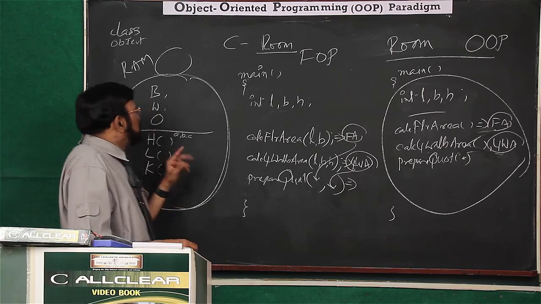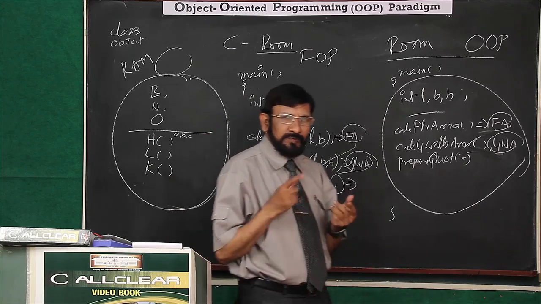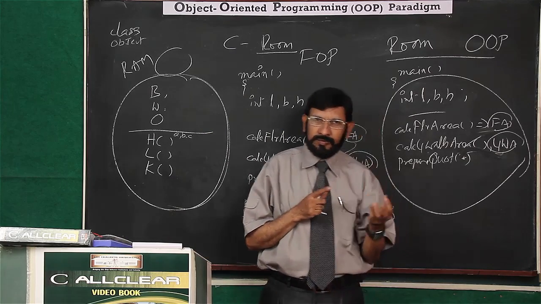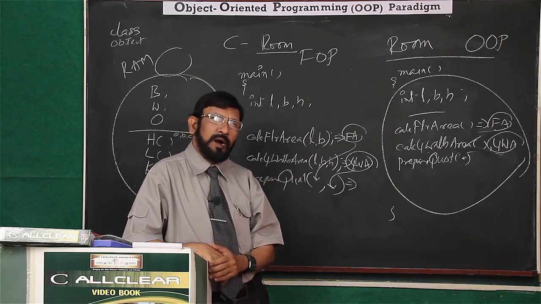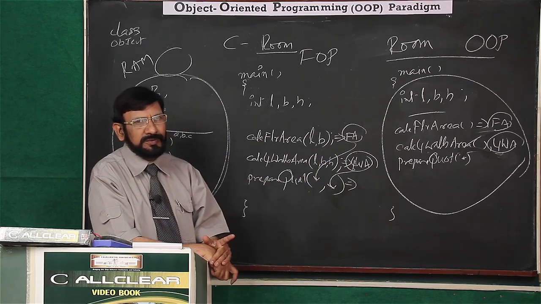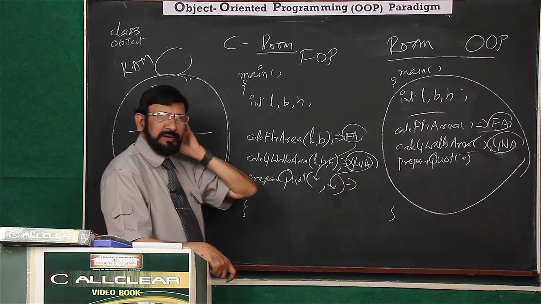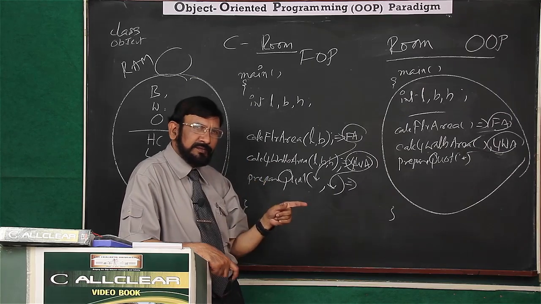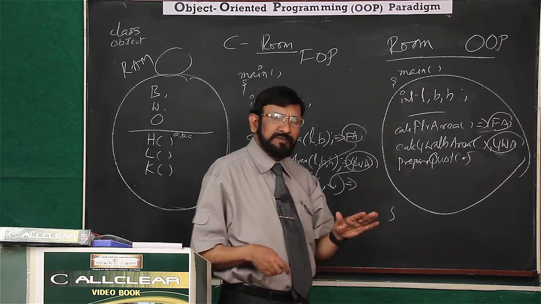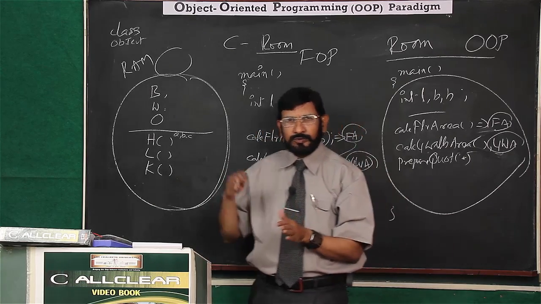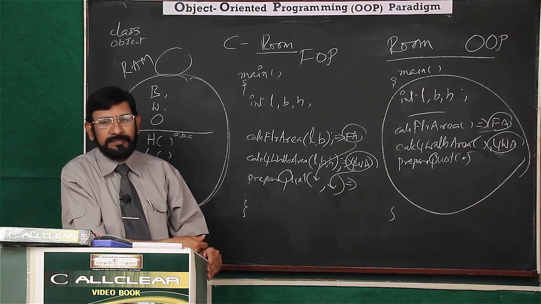So with this, I hope that you could understand two things. One is what is FOP, what is the FOP system, what is the WOOP system, and how WOOP is superior to the FOP system. Number two, what is a class, what is an object, and why we should create a class in order to create an object. This is a very essential prerequisite to understand other concepts in the same paradigm.